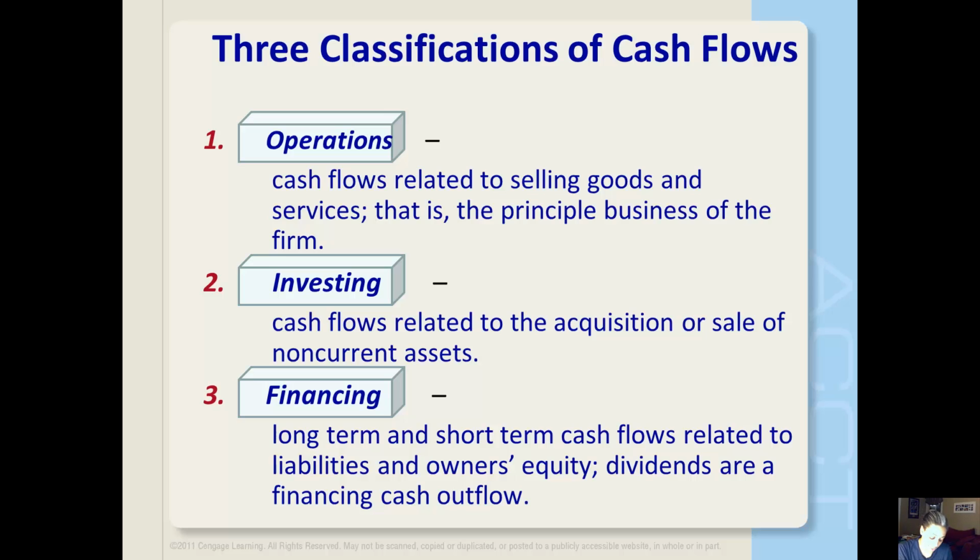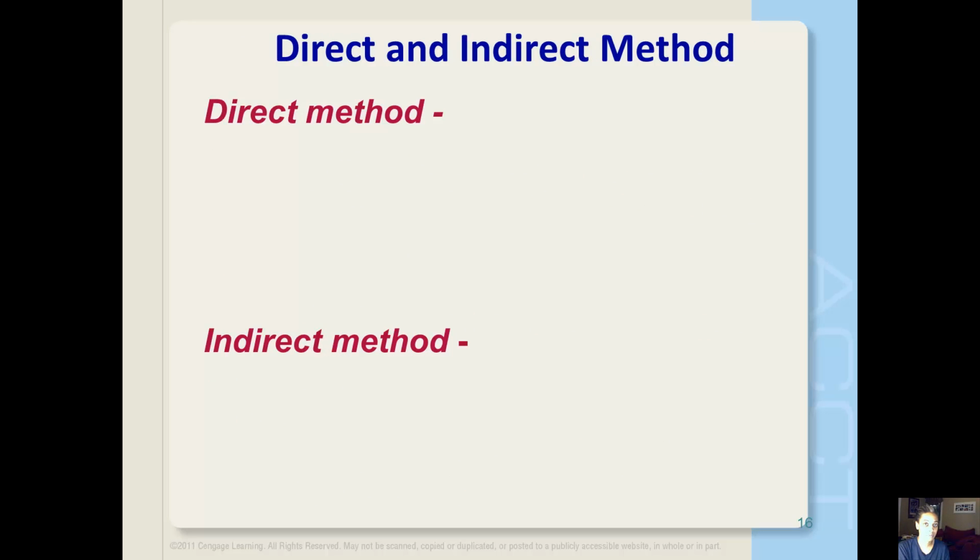So as noted earlier, when preparing the statement of cash flows, all companies report cash flows from operating, investing, and financing activities. And we've already talked about the types of activities that fall into each area. The manner in which cash flows from investing and financing activities are reported is the same for all companies.